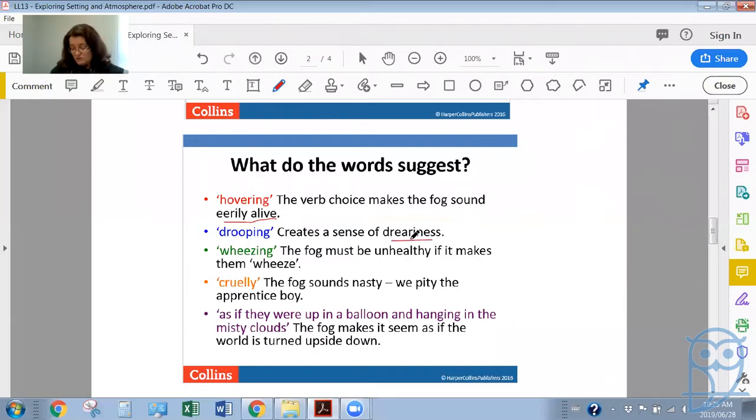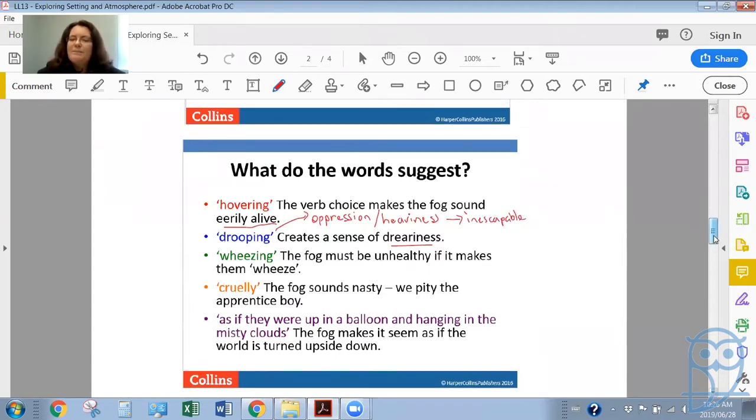When something droops, it's dreary. It's kind of a bit lifeless almost. And I would also say oppression. There's no upliftment. It's a sense of heaviness. Okay. A sense of heaviness. And this contributes to that idea of something being inescapable.